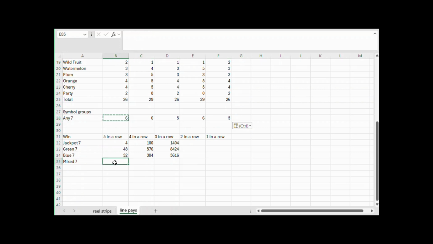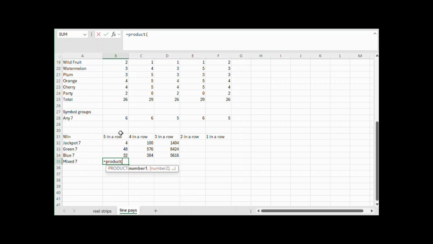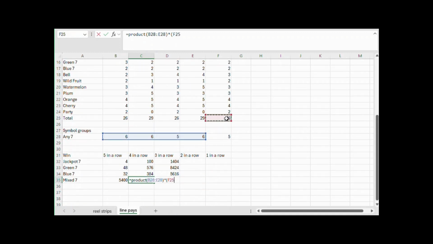So the number of ways to get any mixture of 7 symbols, doesn't matter what color, is the product of all 5 of these numbers. For 4 in a row, it's the product of the first 4 times the number of ways the player can get any symbol, which is 26, and then subtracting out 5.